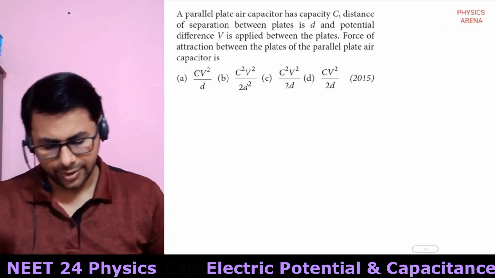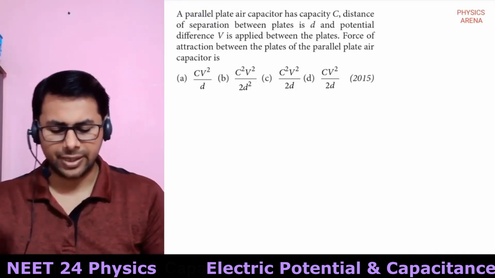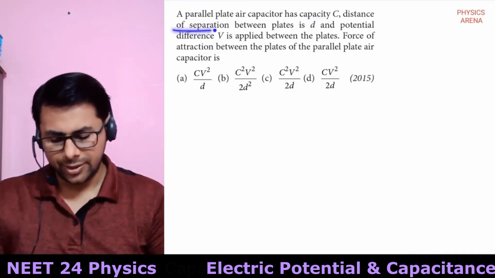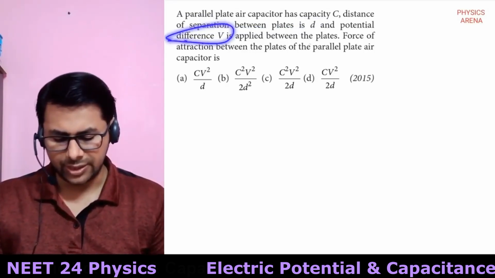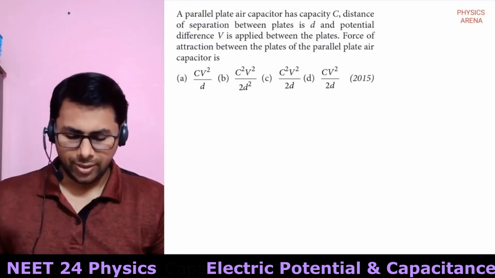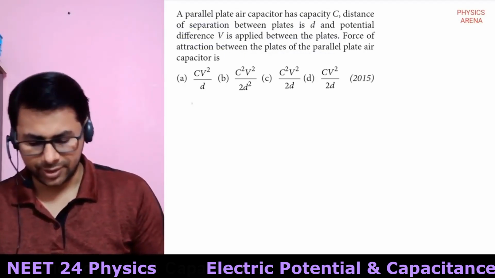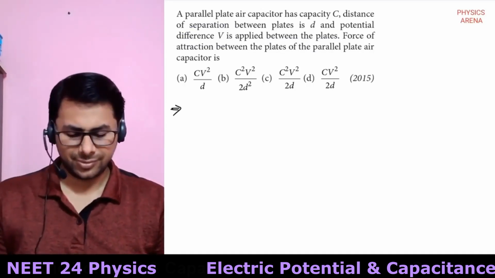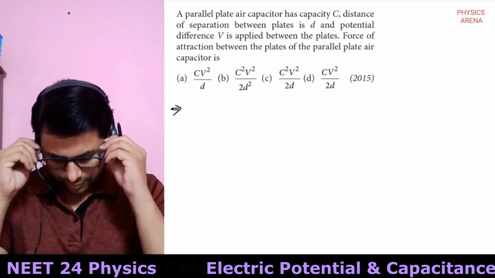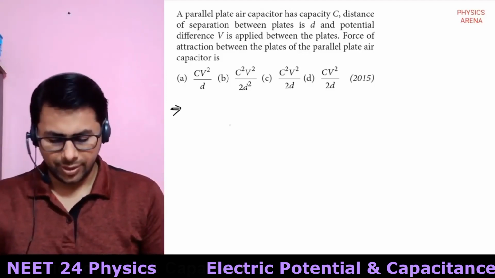Next one, a parallel plate air capacitor has capacity C. The distance of separation between plates is D and a potential difference V is applied between the plates. The force of attraction between the plates of the parallel plate capacitor is, tell me. How can you find out force?